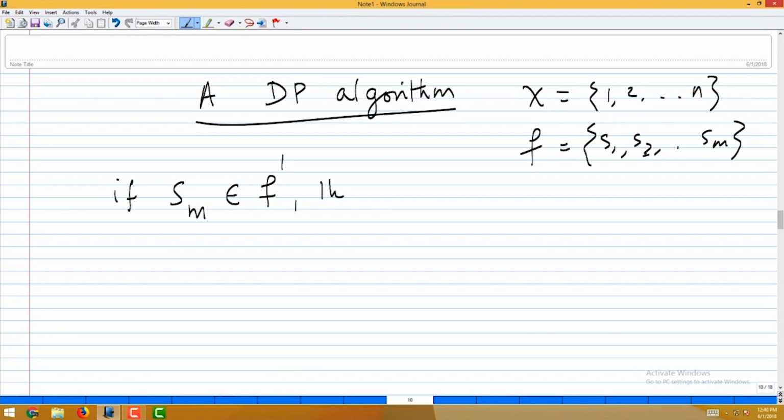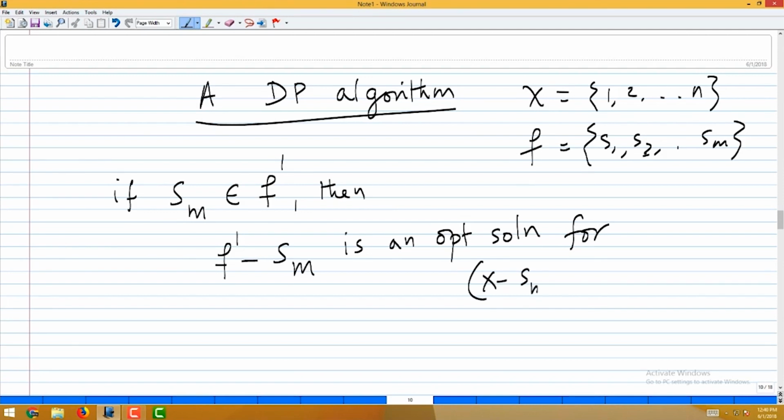Then I claim F prime minus Sm is an optimum solution for what universe, what family? X minus Sm, and F minus Sm, right.